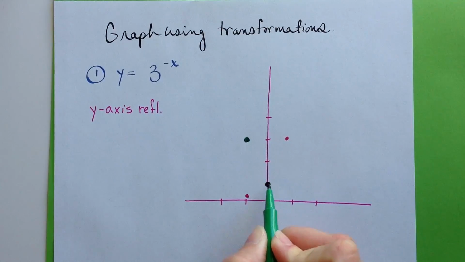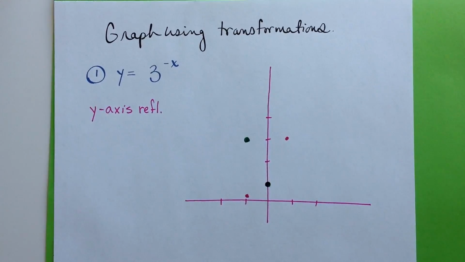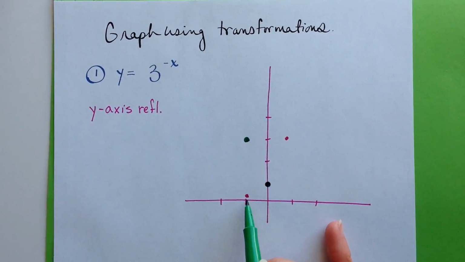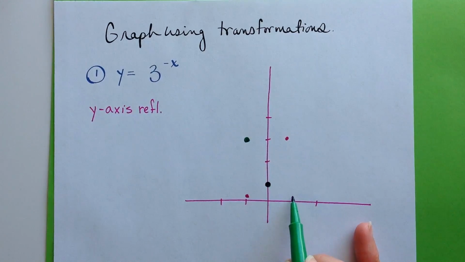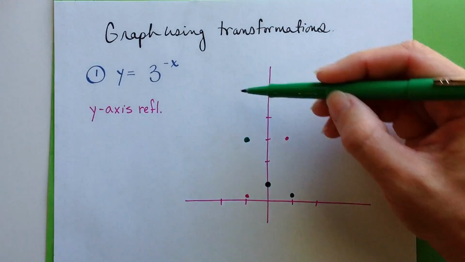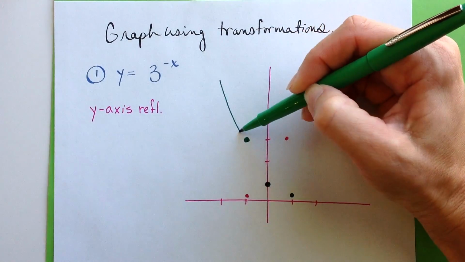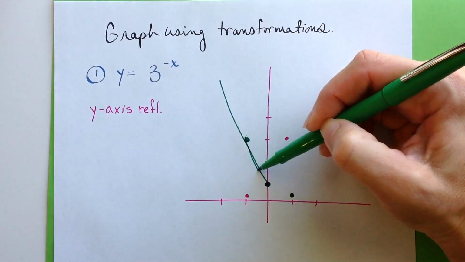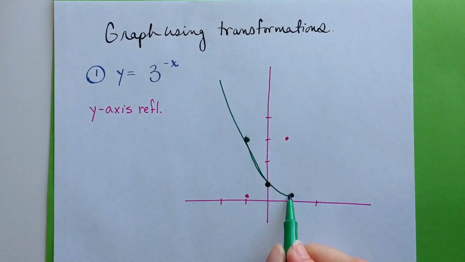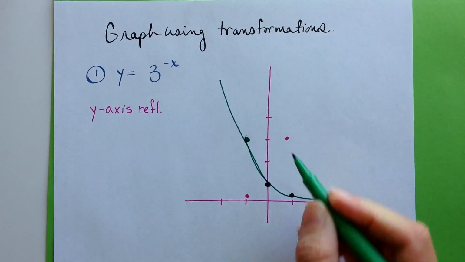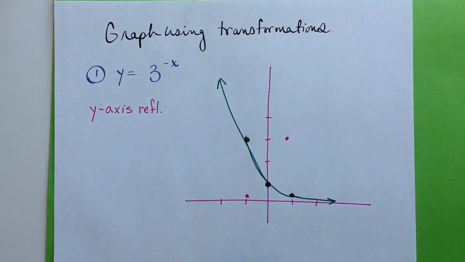That's right there on your pivot point when you're doing your reflection. This one that's on the left side will now reflect and be over here on the right hand side. So this ends up being my final graph. So there's your y equals 3 to the -x.